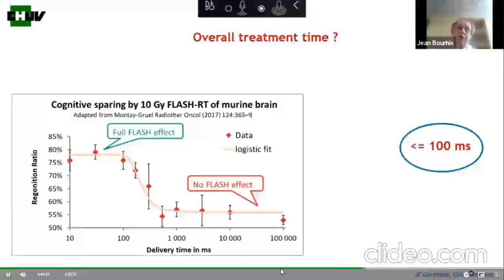Overall treatment time is probably very important, and you see on this graph the cognitive sparing effect in mice according to the overall treatment time in milliseconds. So if you exceed 100 milliseconds, you may lose the flash effect.